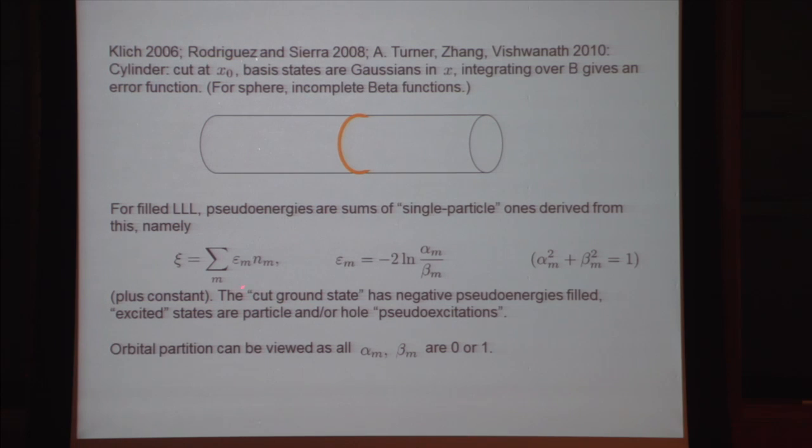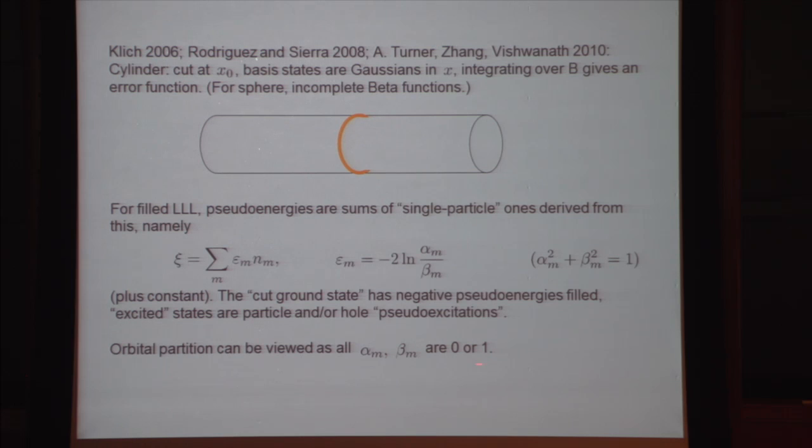It's a very easy and very nice exercise to derive this, which I think is in pretty much any of these references. Okay. And so we have a free fermion spectrum, and what I sometimes call the cut ground state, the lowest pseudo-energy state, or in other words, the state with the biggest weight in the decomposition, is the state in which the negative pseudo-energy states are all occupied, the others are unoccupied, and then the excited states are particle hole excitations on that ground state. I'll show you a little more in a second.